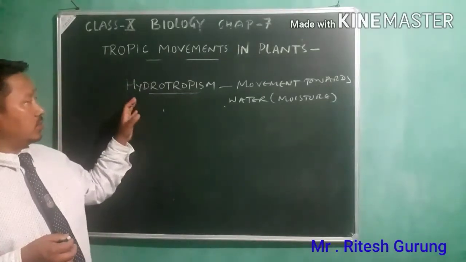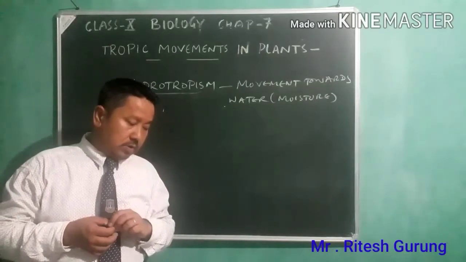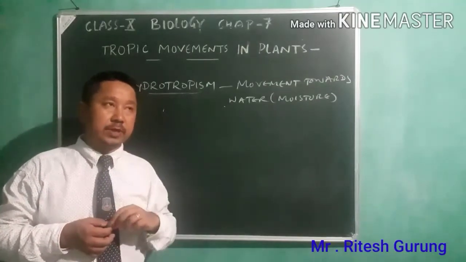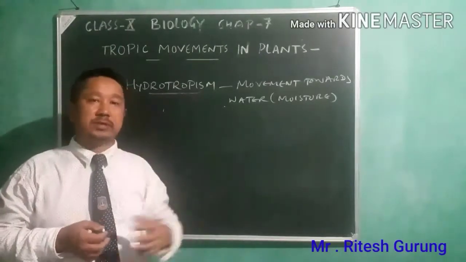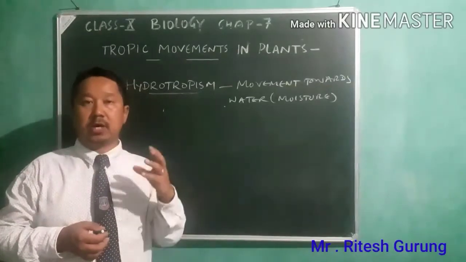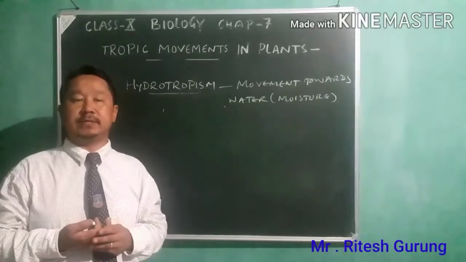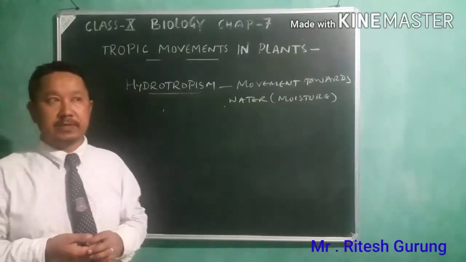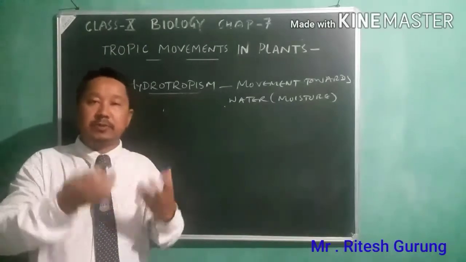Before that we had geotropism. Geotropism means movement towards gravity. Gravity here means Earth's gravity. Every heavenly body has some attractional force, which is called gravity, but particularly we are talking about the gravity of the Earth.